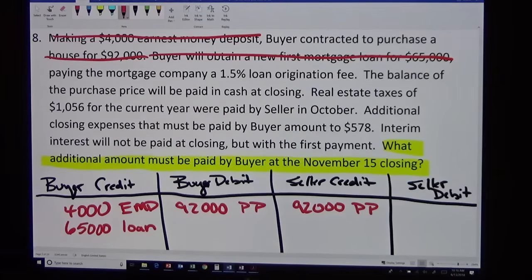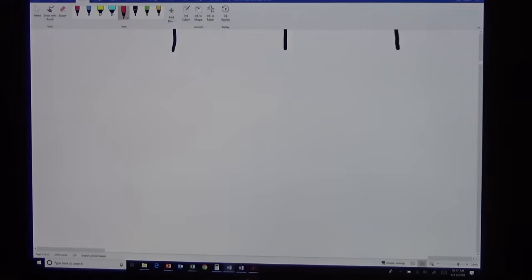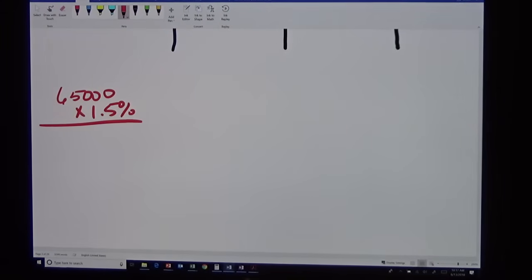Paying the mortgage company a 1.5% origination fee. So 1.5% of the loan amount, not of the sales price. Be careful with that. So we're going to take that $65,000 loan and multiply times 1.5%. $65,000 times 1.5% gives us $975 for our origination fee.